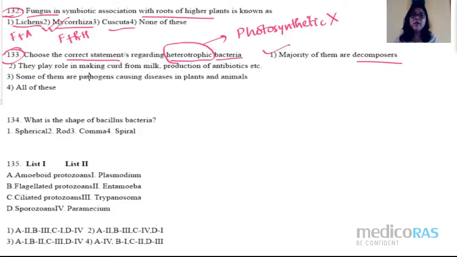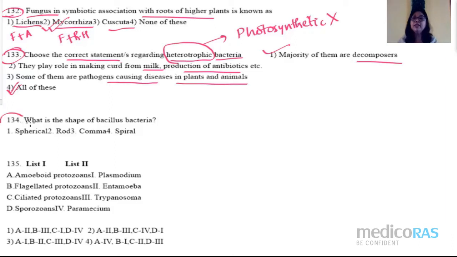Yes, they play a role in making curd. We know that many Lactobacillus do this. Production of antibiotics, yes, this is also correct. It is fully the NCERT text line. Some of them are pathogens causing disease in plants. Of course, many times when we have fever or cold, we usually say that it is a bacterial disorder. So this is also correct. So option 4 is the correct answer.